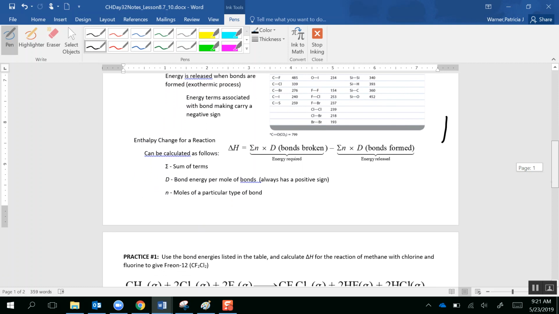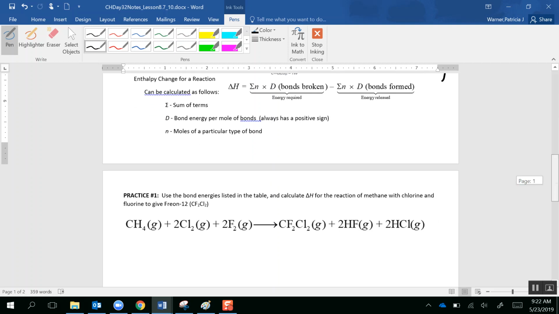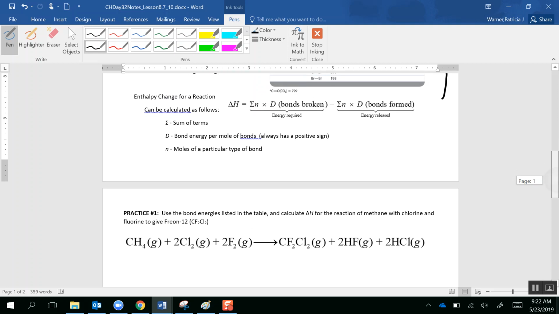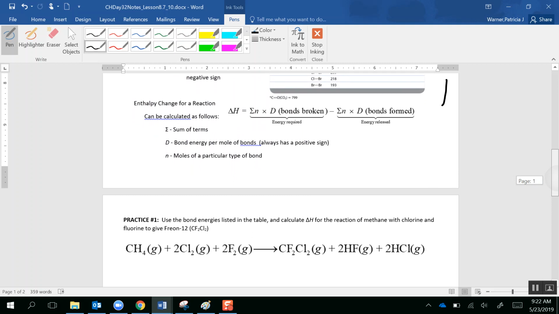Okay, so when you look at enthalpy change, you look at the bonds broken versus the bonds formed, and that's what this energy that is between these bonds is called. It's called enthalpy. So bonds broken minus bonds formed. That equation looks complicated, but we're going to walk through it in terms of this next problem.